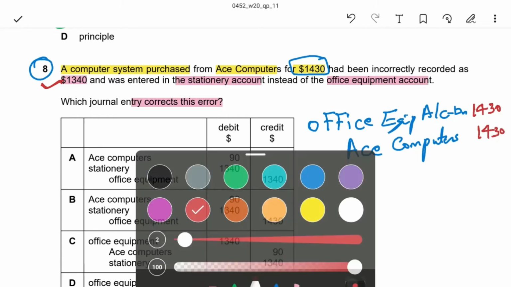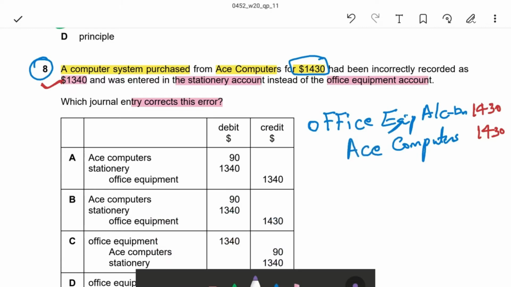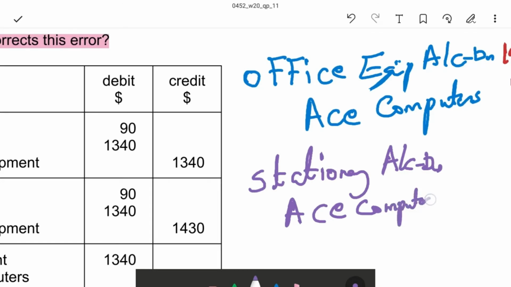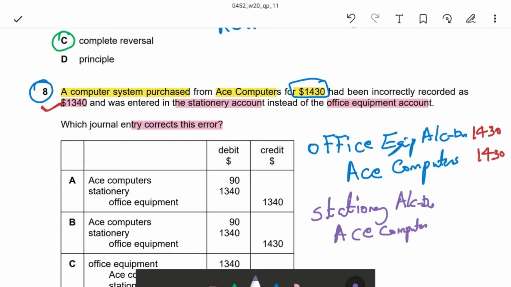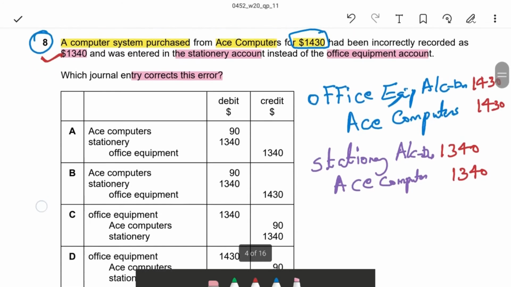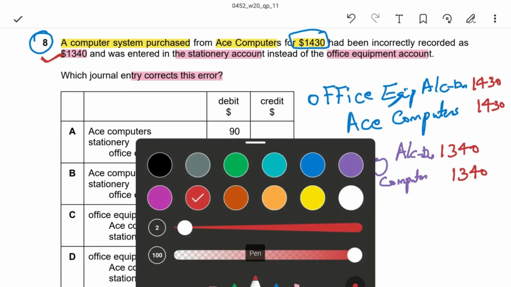But by mistake they entered this transaction as stationery account debit and Ace Computers credit, amount 1,340. So how many errors are done?